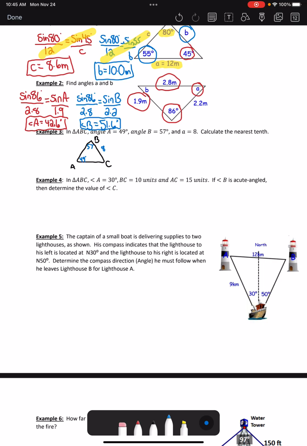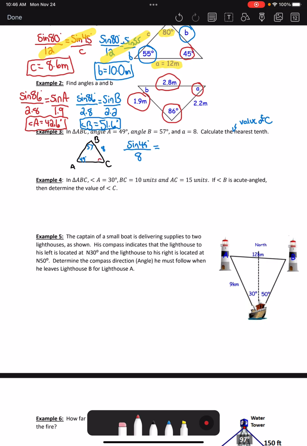So then when we go to set this up, actually in the notes, I think I did change this. This is the value of C we're looking for. So we're going to go sine 49 degrees is opposite to side length 8, and we're looking for side length C, sorry.